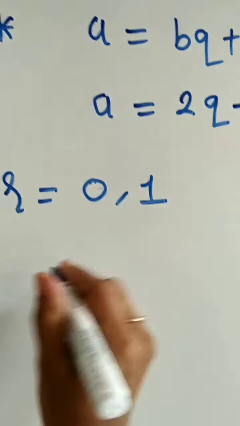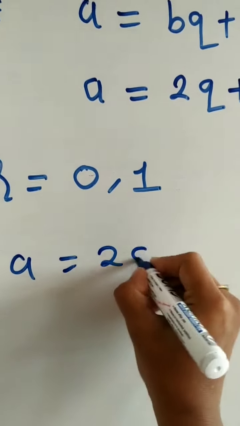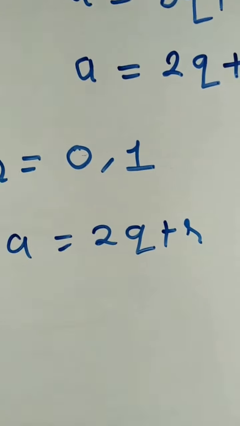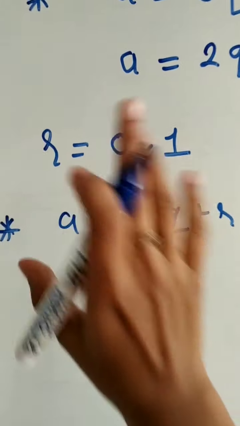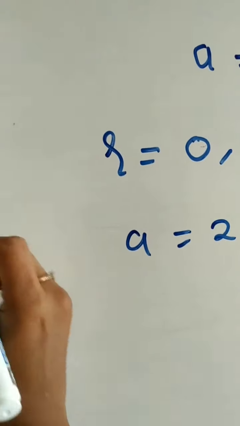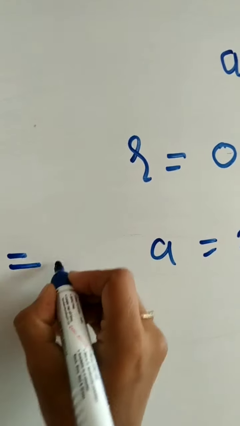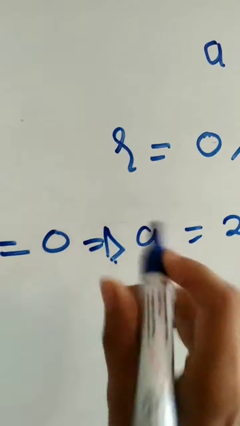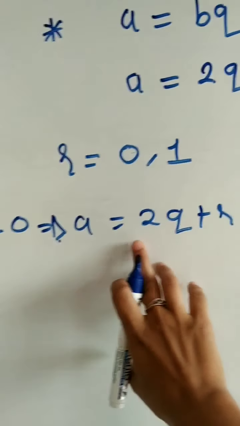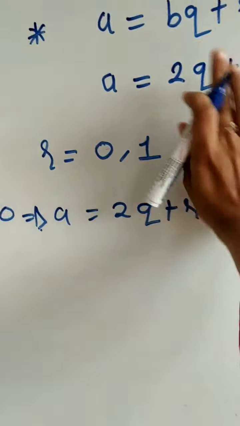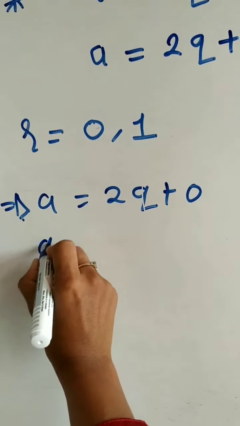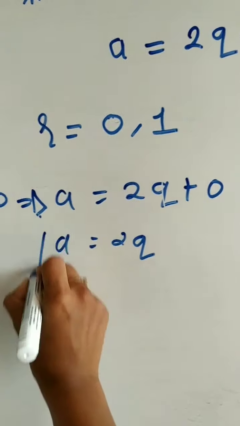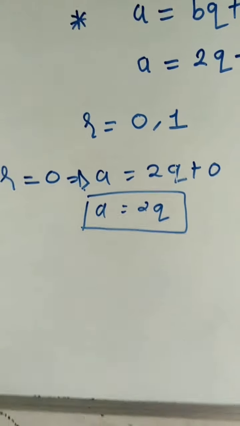We will take this condition, that is a equals 2q plus r. Now in the place of r we have to write 0. So again I am writing that when we take r equals 0, our condition looks like a equals 2q plus, in the place of r we write 0. So simply a we got as 2q. We will highlight it.